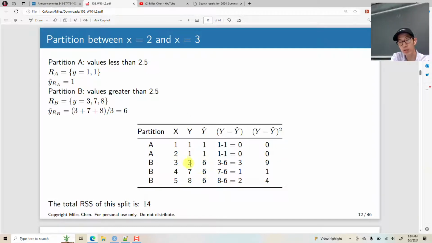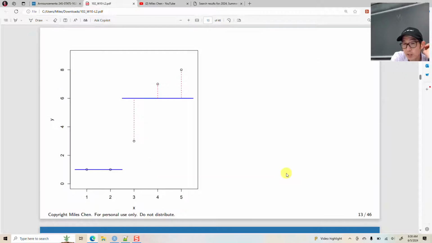In partition B, I have the observations 3, 7, and 8. The mean of 3, 7, and 8 is 6, since 18 divided by 3 is 6, and so my residuals are -3, 1, and 2. I square those and get 9, 1, and 4, so the total squared residuals here is 14. This is the diagram there.